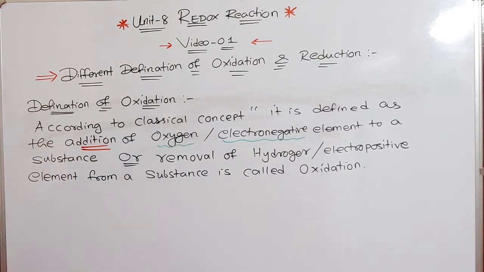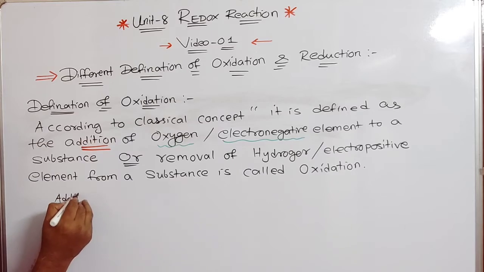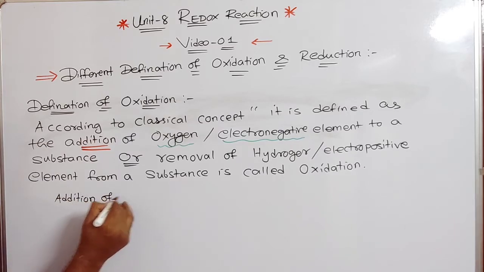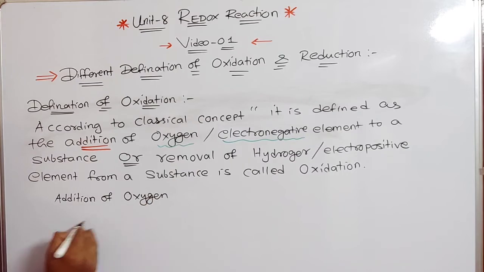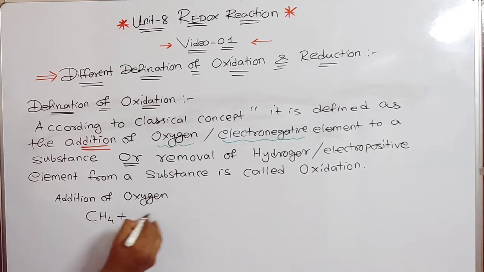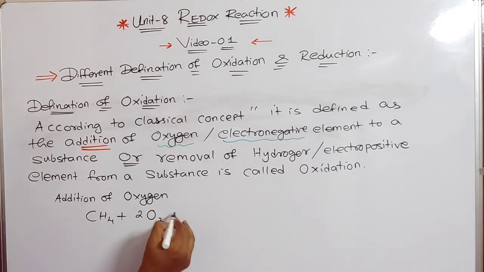Now one by one I will give examples based on this. Here you can see example 1 for addition of oxygen. Addition of oxygen example, a simple combustion reaction you studied in your lower classes, that is methane when it is burned in presence of air.